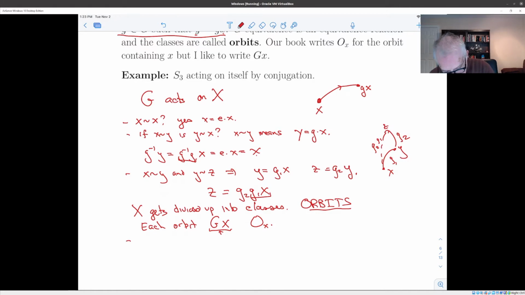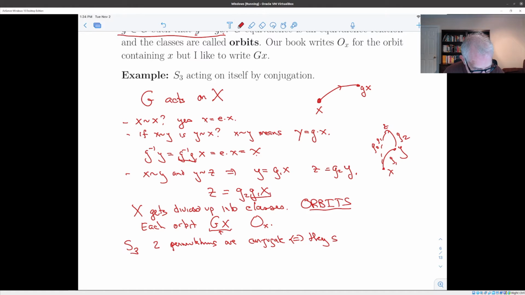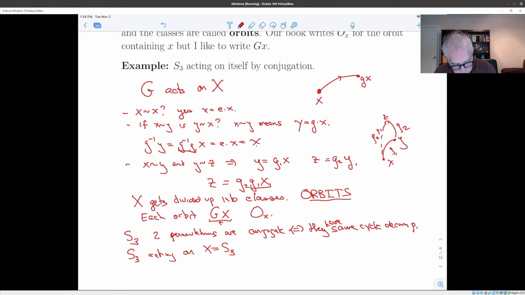If you think about S3 and the conjugation action, we know that two permutations are conjugate if and only if they have the same cycle decomposition. And what that's saying is that if you consider the action of S3 on itself, to be conjugate means that sigma is G tau G inverse.